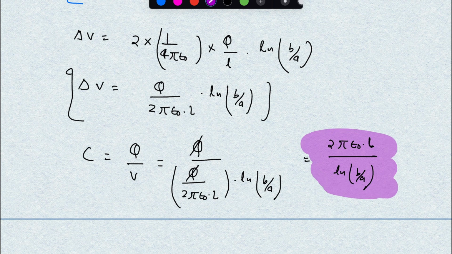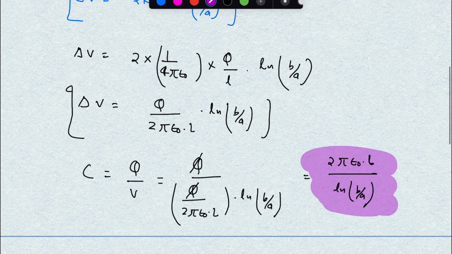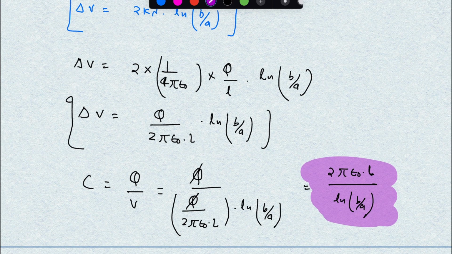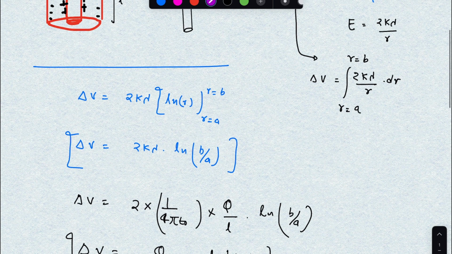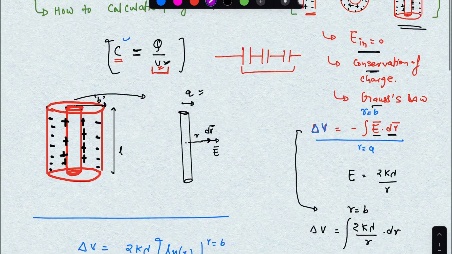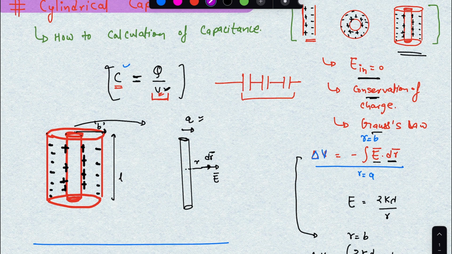Now see, in the process of this derivation, we got the potential difference delta V, and with the help of that we calculated the capacitance. This will be the process of calculation anywhere else as well. Like if you want to calculate the capacitance of a spherical capacitor, this is the way you can calculate.